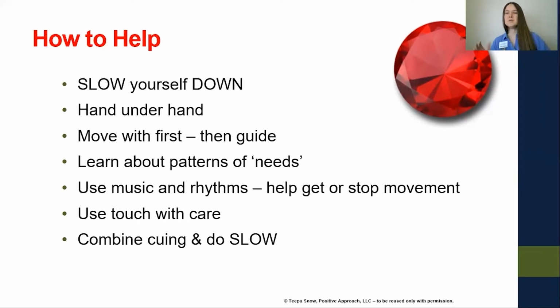Again, use music and rhythm to help get moving or to stop movement. Use supportive touch cues with care. Combine cueing and do together. Do it slowly. See what you can pull in terms of assessing and supporting the Rubies that you work with.